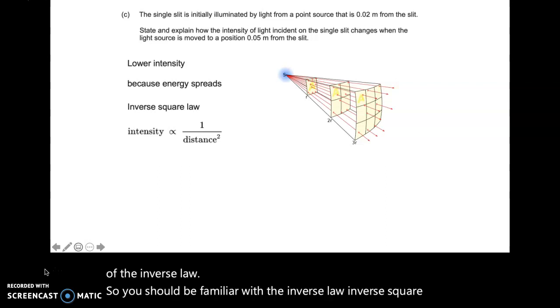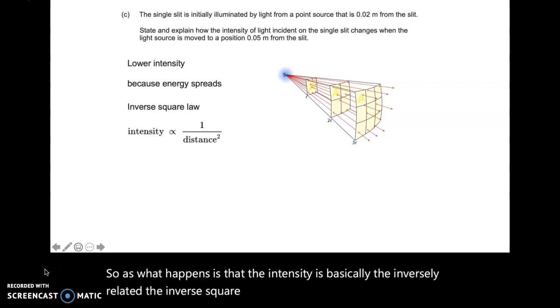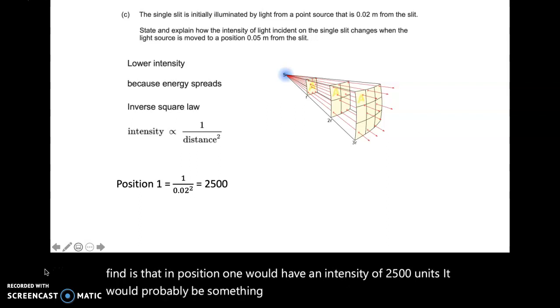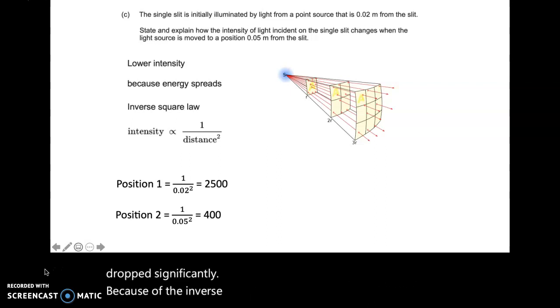The intensity is inversely related to the square of the distance. So what we find is that in position 1 we would have an intensity of 2,500. Units here would probably be something like lux if we're looking at light intensity. For position 2, that has dropped significantly, because of the inverse square, to 400 lux.